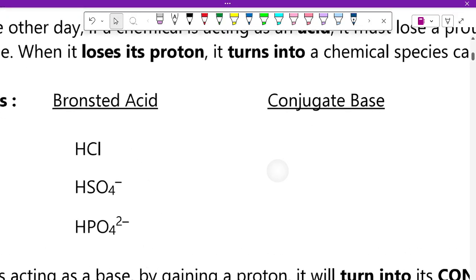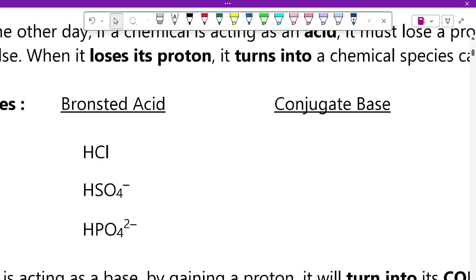Now, in order for a Bronsted-Lowry acid to turn into its conjugate base, it needs to lose a proton. It's going to donate a proton to somebody else. Right now, we don't know who that somebody else is. What would happen to that Bronsted-Lowry acid if it lost a proton? What would it become? Try writing those down.